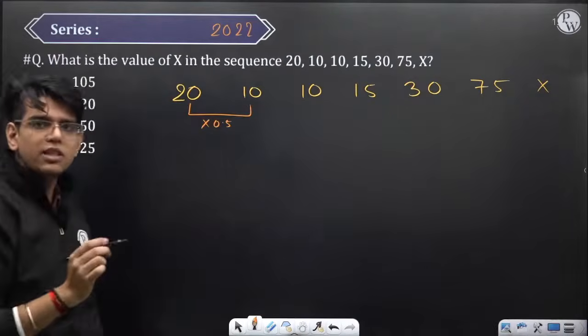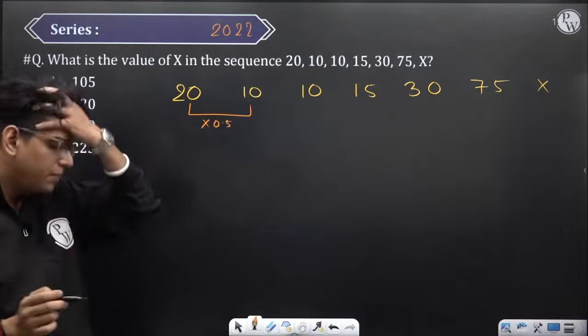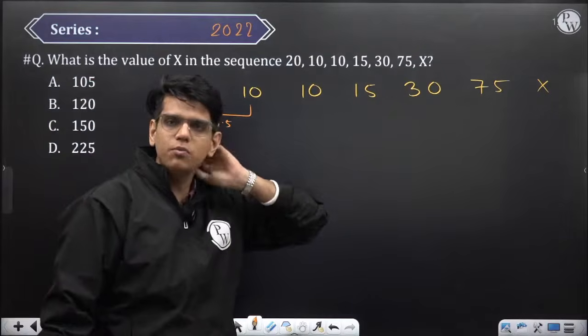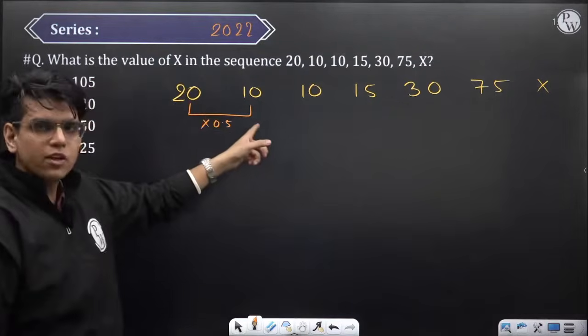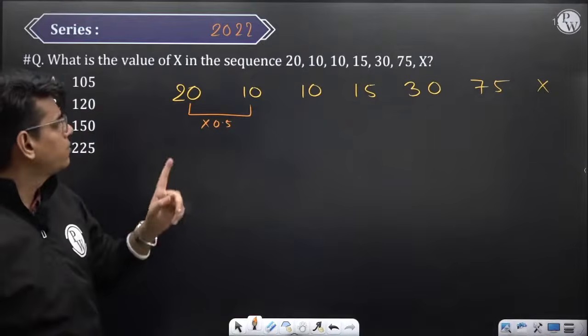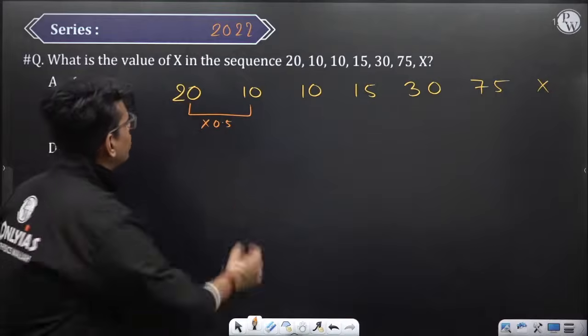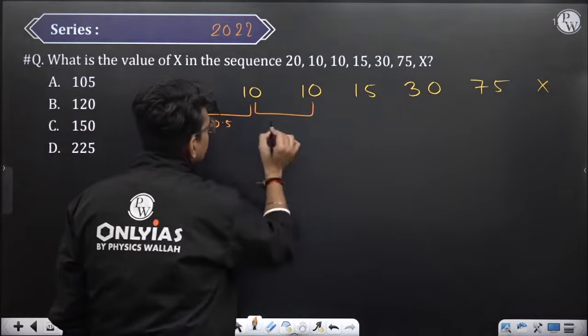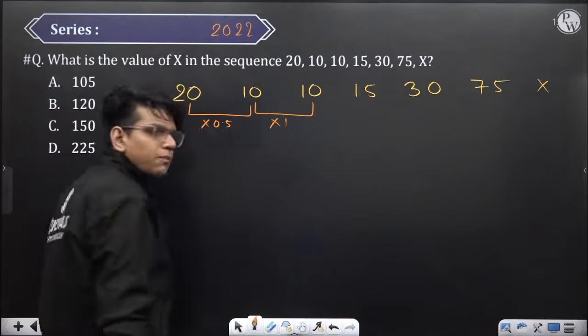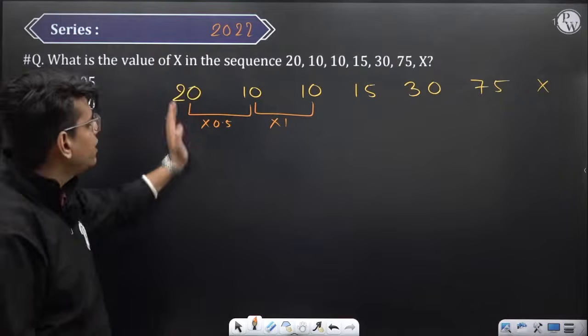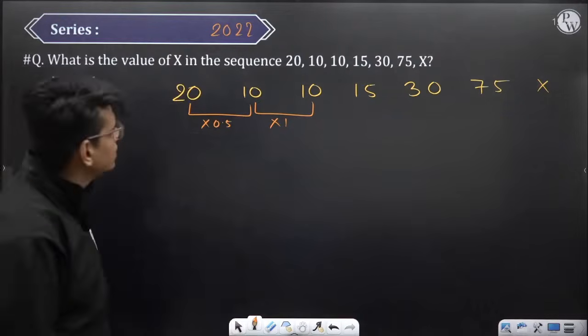You will be able to see these patterns when you practice many questions from numeric series. We are solving the PYQs. I will provide you with practice questions tomorrow, Monday, so you can practice more from there. By practice only, you will be able to see different patterns in different series.